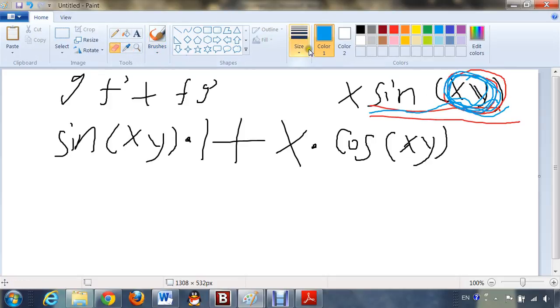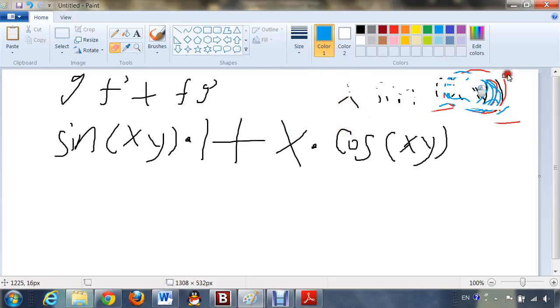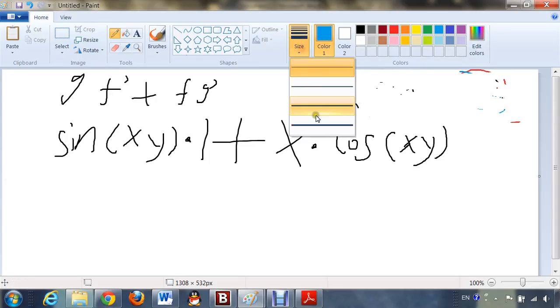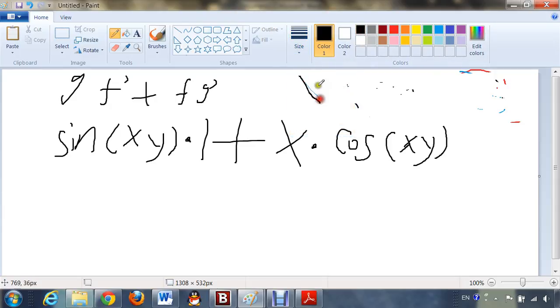Let me erase this real quick so it can be more clear. Remember, we are using the chain rule here, so it was this times x times y.